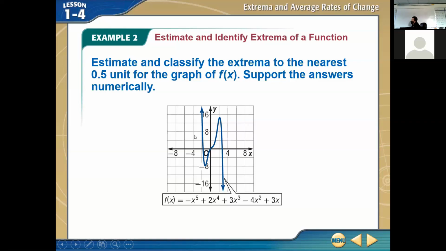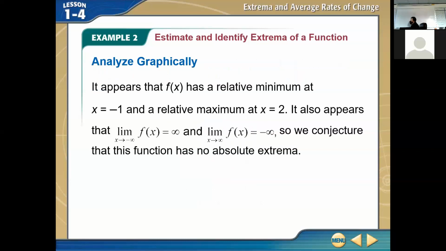We cannot say either of these are absolute because the farther we go left, our graph goes to positive infinity, and the farther we go right, our graph goes to negative infinity. So there are lower numbers. It's just on the given interval. Okay, relative, remember, we're looking at a section of the graph rather than the graph as a whole.